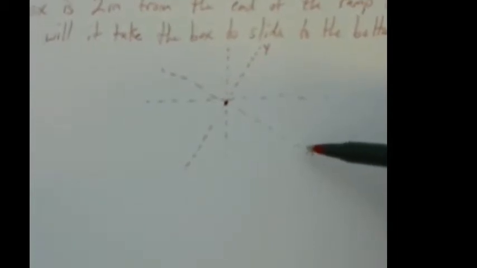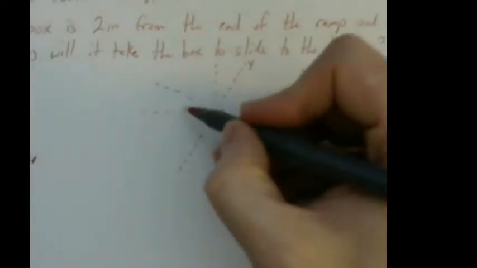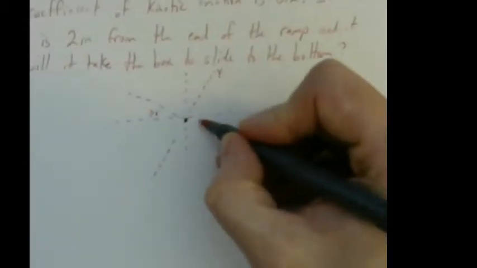This line represents my surface, represents horizontal. I know that there's a 30-degree angle between those two things. Doing a piece of geometry, 30 degrees here, it must also be 30 degrees there. Vertical angles.